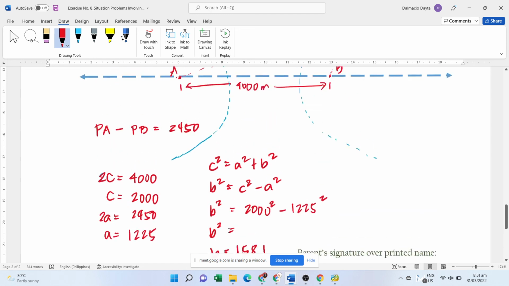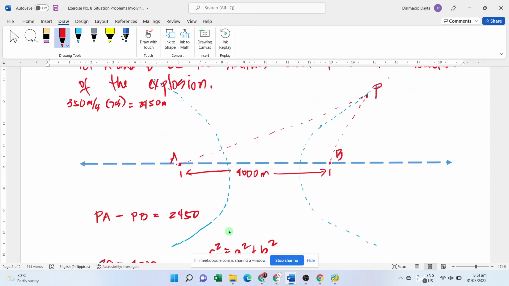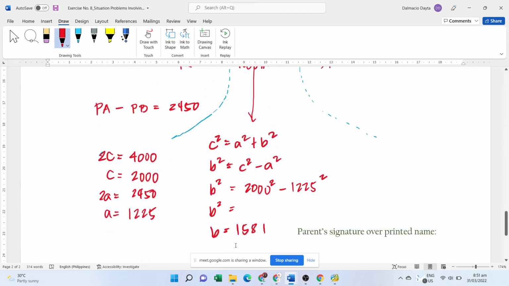So, the equation of the hyperbola, if the line containing the stations is the horizontal axis and the line passing through the center is the vertical axis, so the center is at the origin, therefore the equation of all these possible points will be x squared over 2,000 squared minus y squared over 1,581 squared equals 1.